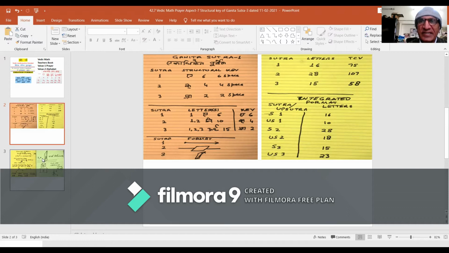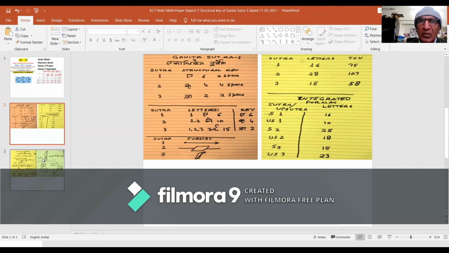Sun is a 6 space body. As such, the structural key of Ganita Sutra 1, preserved in its first letter, sequentially takes us to sixth vowel, value 6, 6 space content, 6 space domain, 6 space bodies, Sun, Purusha.